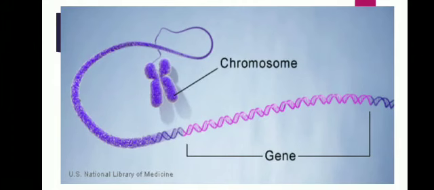You can see on your screen a diagram of DNA and the gene. A gene is basically a short segment or unit of DNA responsible for transferring characteristics from parents to offspring.